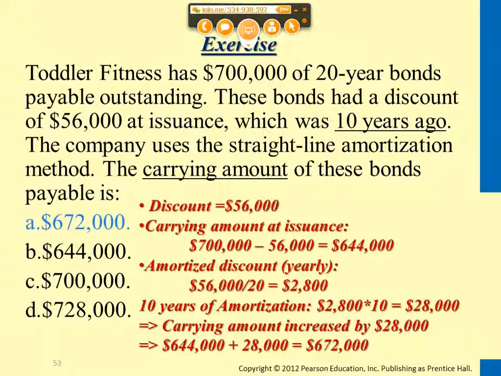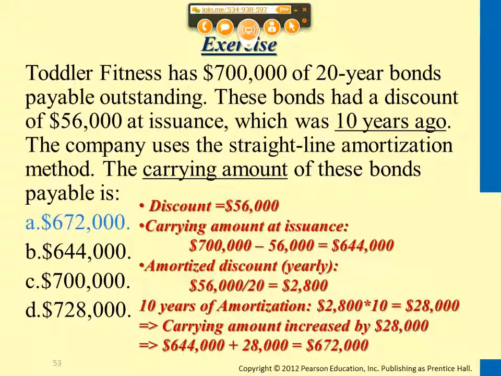The reason is that remember every half a year we journalize the interest expense entry. So every half a year we gradually reduce this discount on bonds payable while we journalize the interest entry. Remember we pay cash interest and then a little bit of discount on bonds payable will be amortized every half a year.